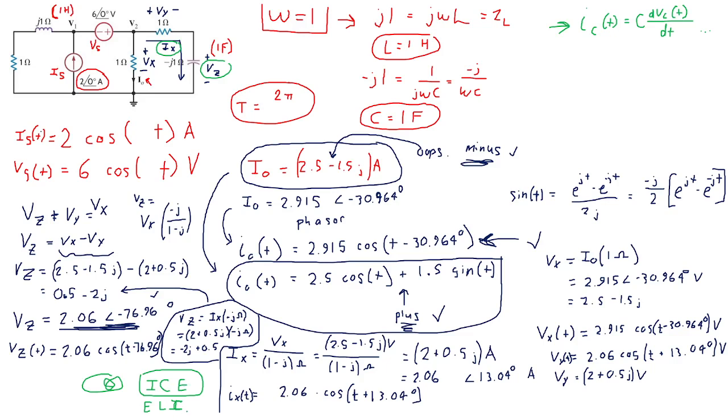For an inductor, voltage leads current. But in a capacitor, current leads voltage by 90 degrees. 13.04 versus minus 76.96. So that's almost the big reveal.